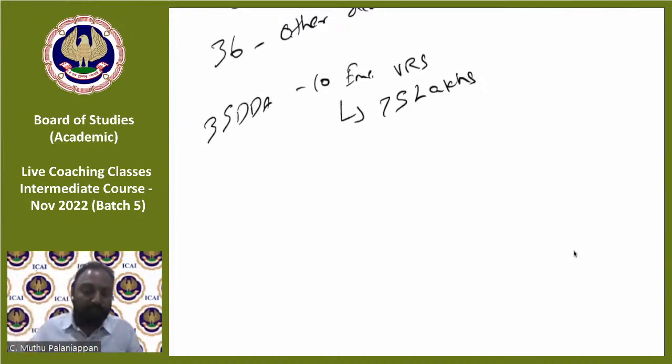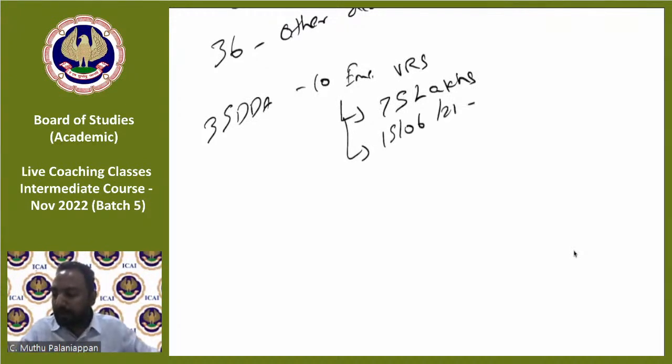Now, income tax says, don't claim the 75 lakhs in one single year. Let's say this was paid on, let's take some date, 15th June 21. That is financial year 2021. So 35DDA says, claim 20% for 5 years.